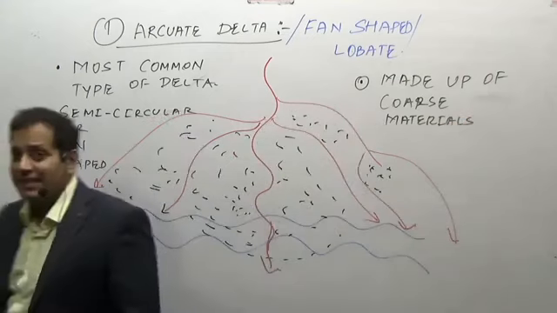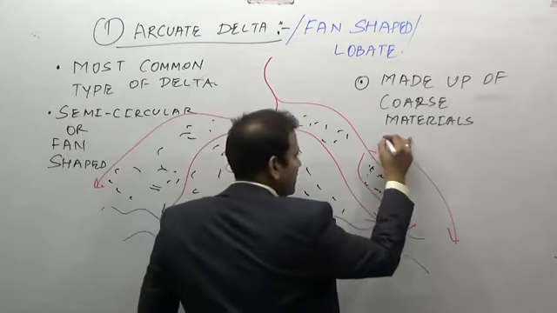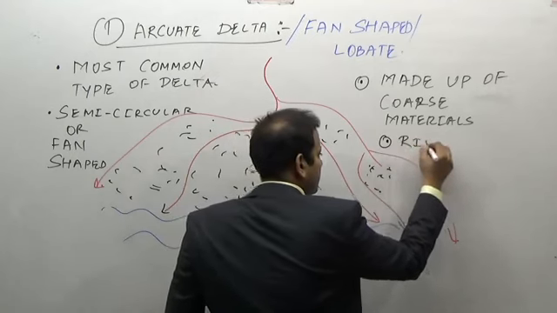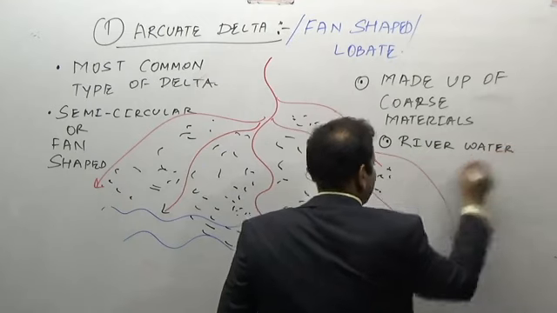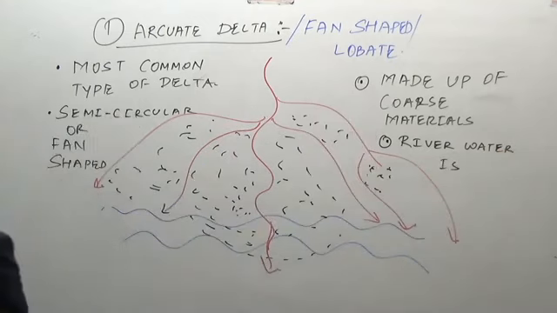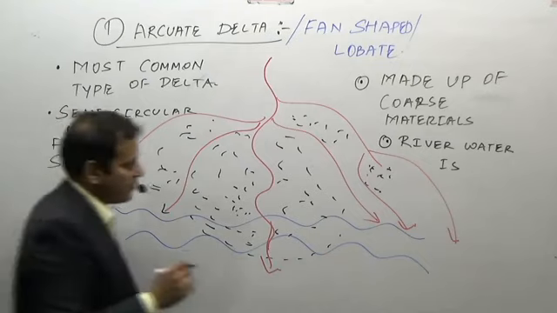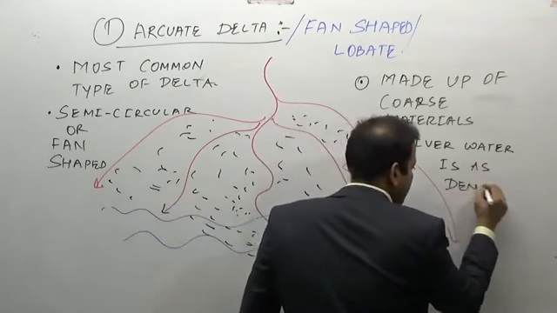Here the river water is as dense as the sea water, that is, the density of river water and sea water is equal.